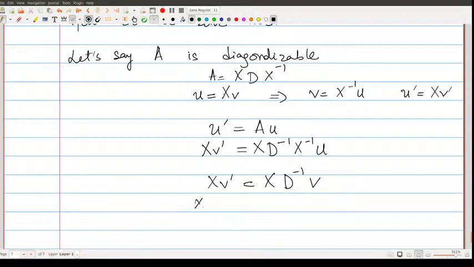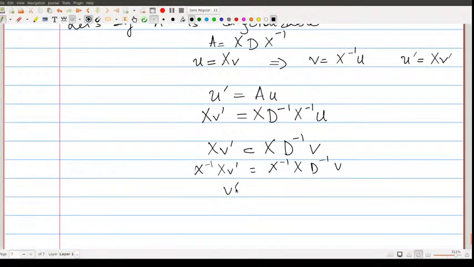X inverse X v prime is equal to X inverse X D v, this just gives me v prime is equal to D v. So this is now my new differential equation that I have to solve. I do a change of variables and I get v prime is equal to Dv.